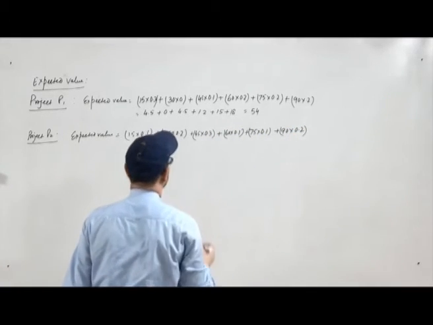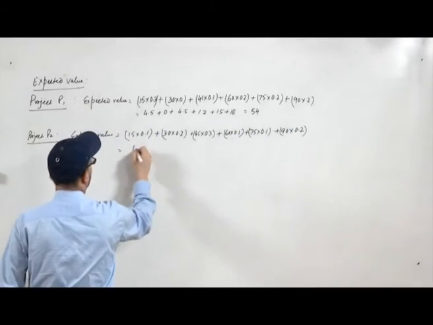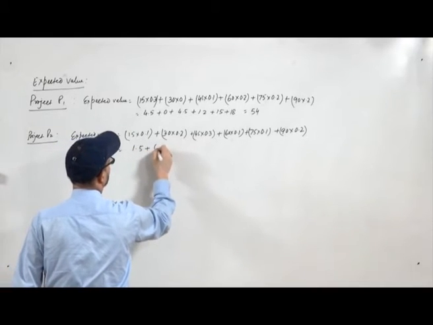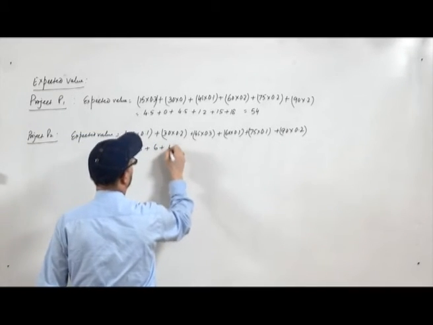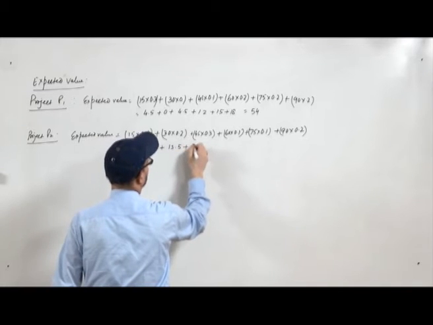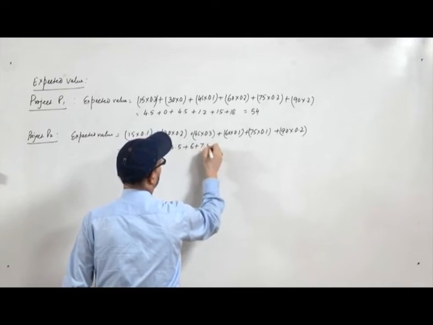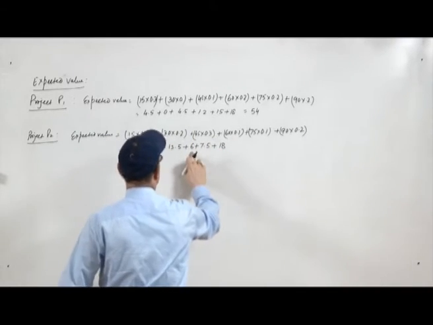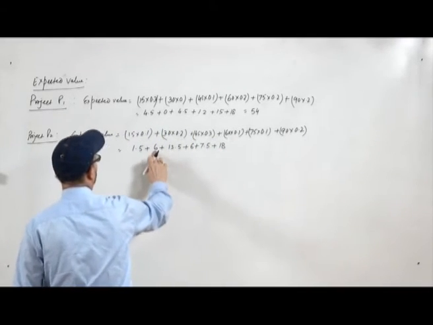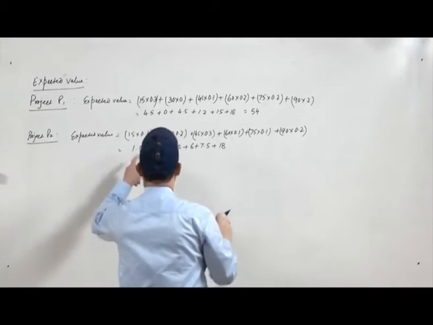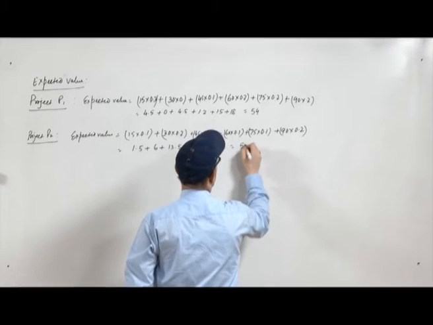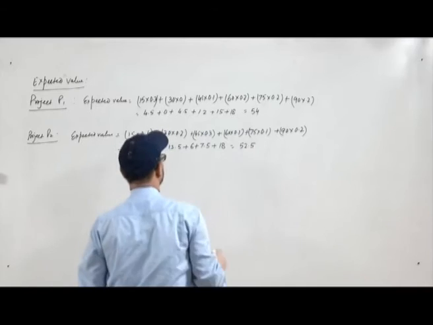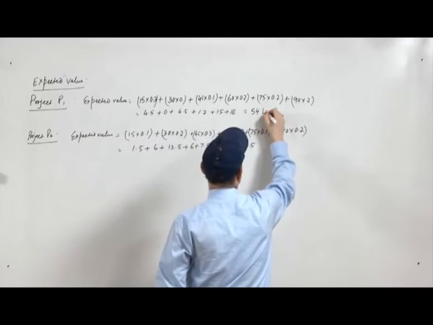So, this comes to 1.5 plus 6 plus 13.5 plus 6 plus 7.5 plus 18. So, 31.5 and then 45, this is 51 and 52.5 lakhs of rupees.